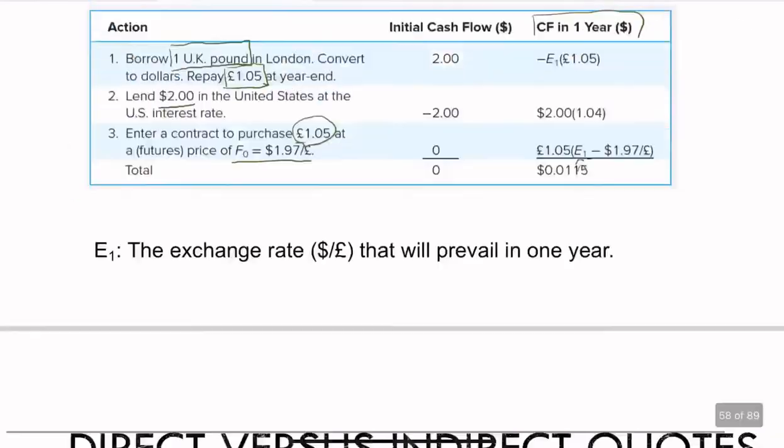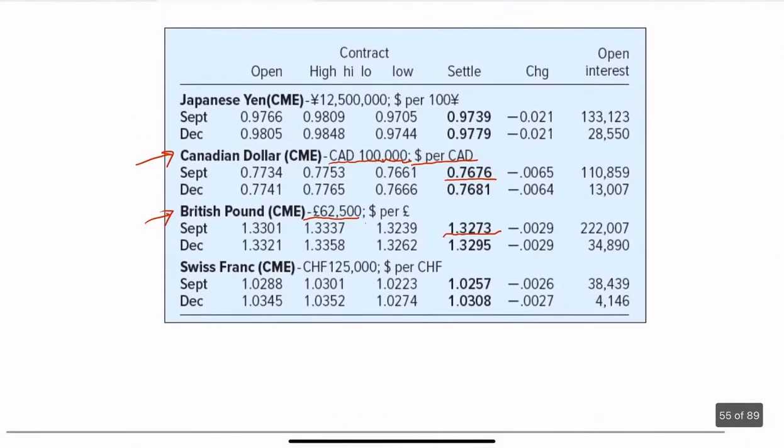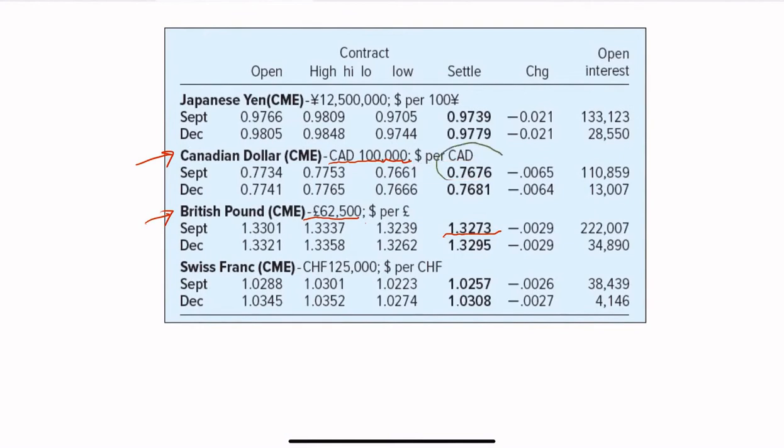If you look at this quote here, it is a direct quote, because let's say you're a U.S. person, so the Canadian dollar is a foreign currency. Here 0.7676 means that for 1 Canadian dollar you have to pay 0.7676 US dollars.